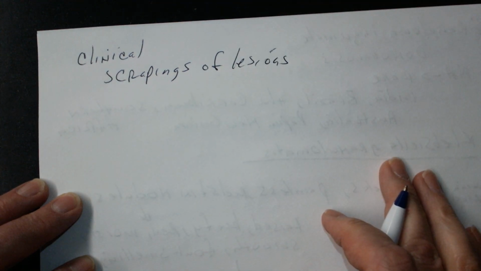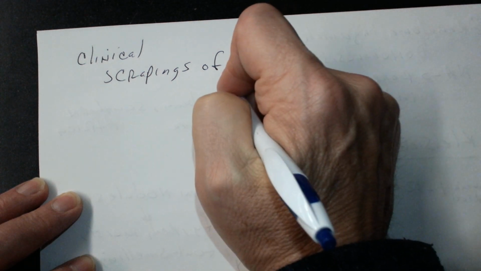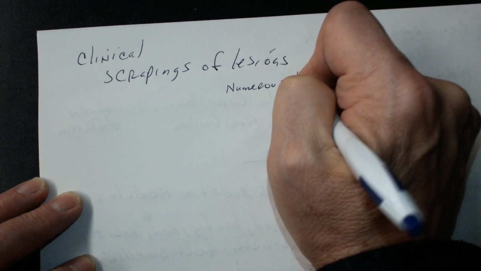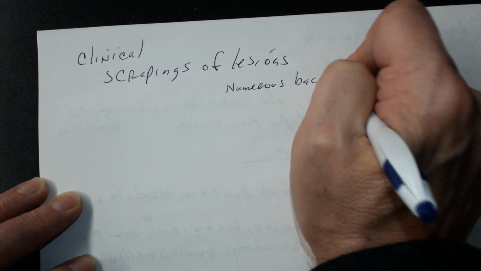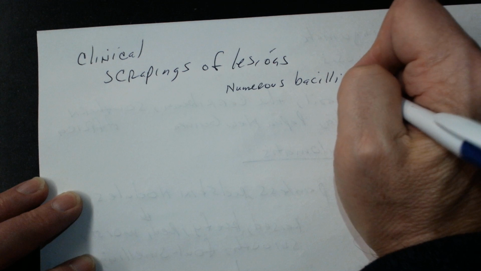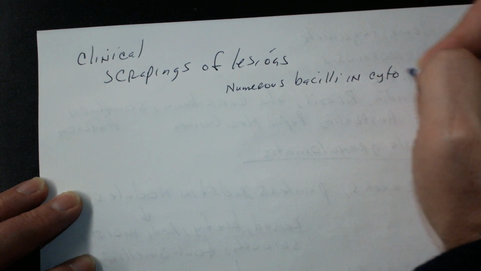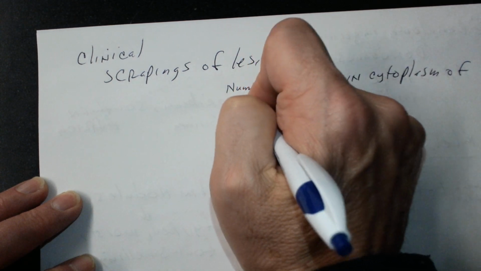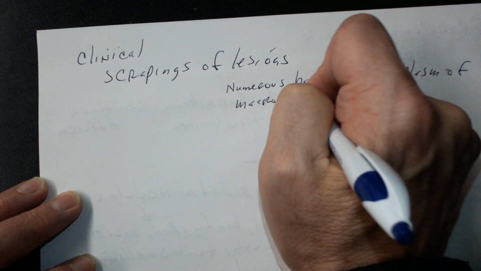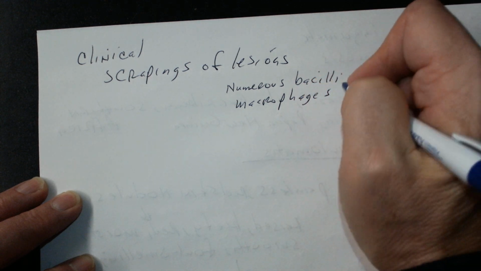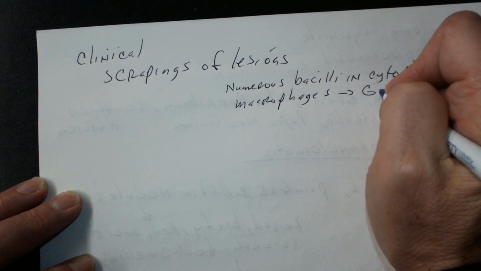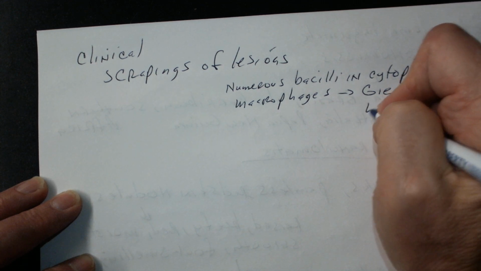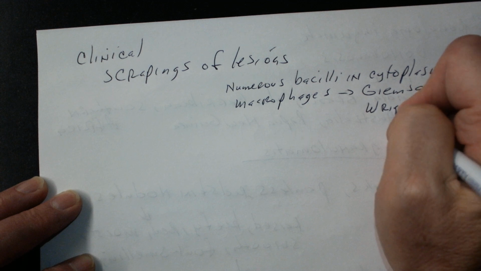And if you do, you'll have numerous bacilli in the cytoplasm of macrophages as revealed by either a Giemsa stain or even a Wright stain.